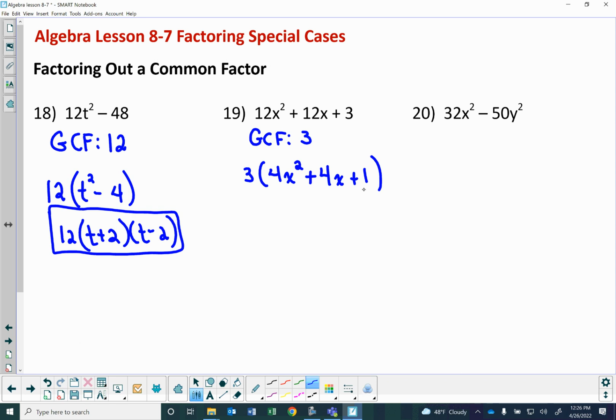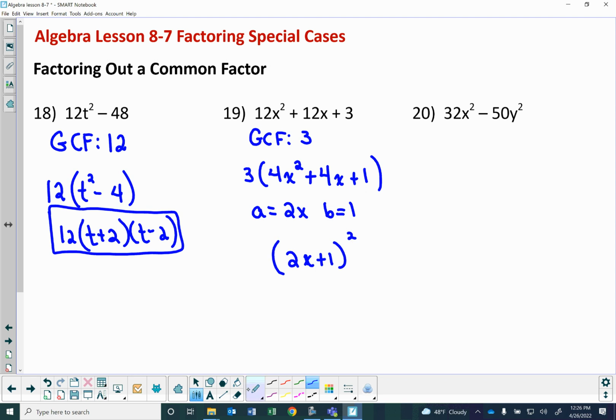My first term is a perfect square. My last term is a perfect square. The square root of 4x squared is 2x. The square root of 1 is 1. 2x times 1 times 2 is 4x. So this is a trinomial square. So my a term is 2x, and my b term is 1. So I will have 2x plus 1 quantity squared.